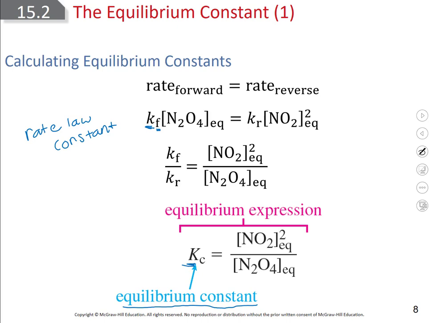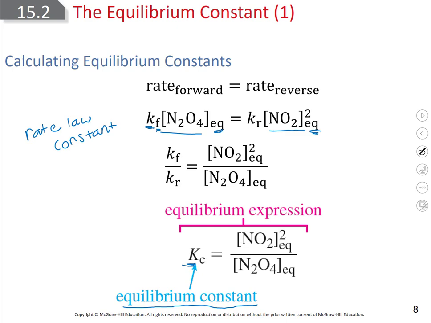So for your forward reaction, the rate is equal to the rate constant times the concentration of your reactant. For the reverse reaction, now your product is considered your reactant, and you have k of that reverse reaction. These two things are equal to each other when you are at equilibrium.